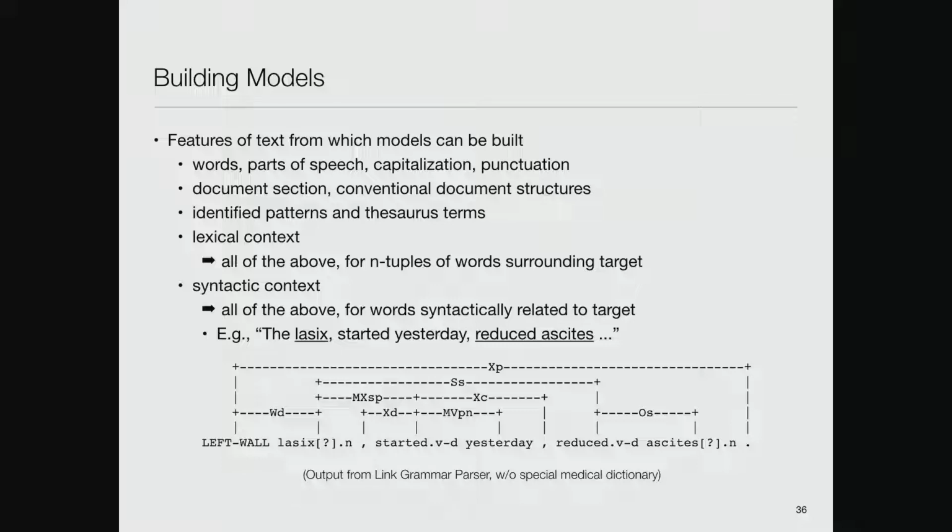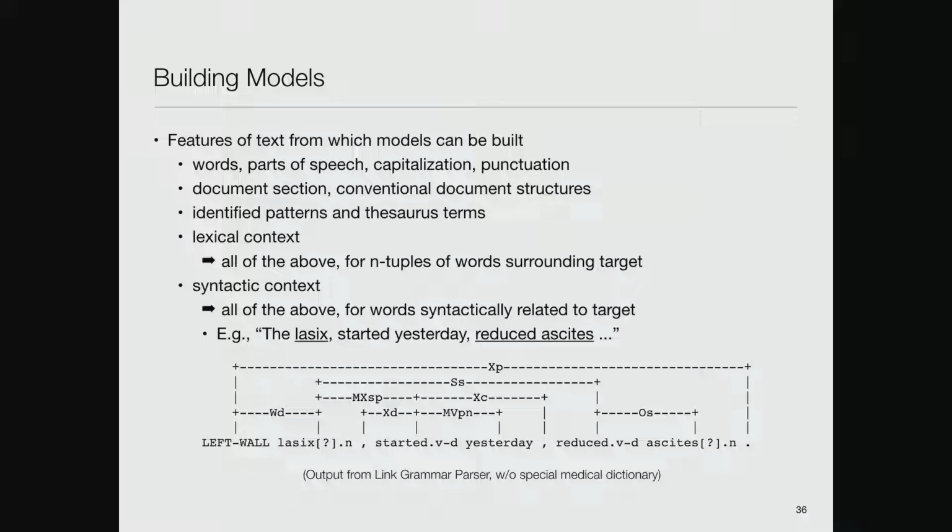In those days, we used something called the link grammar parser, which doesn't make a whole lot of difference what parser, but you get either a constituency or a dependency parse, which gives you relationships among the words. And so it allows you to include as features the way in which a word that you're looking at relates to other words around it.